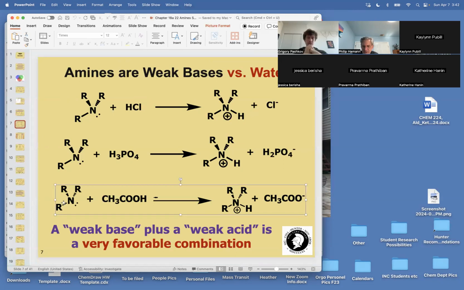Weak base or weak acid is versus water. If you do a pairing where it's either a much better acid or much better base than water, now you've got something. So an amine and a carboxylic acid are, for all practical purposes, completely ionic.